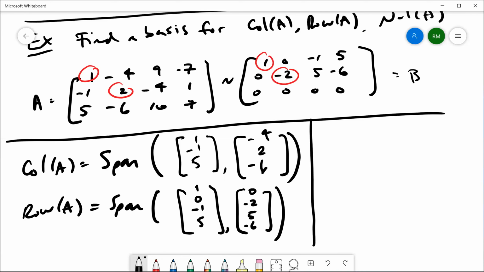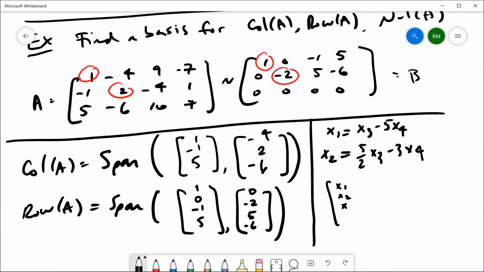So we know that x1 is going to equal x3 minus 5x4. And let's see, if I do a little algebra, x2 should equal 5 halves x3 minus 3x4. Okay, so if I have my vector of solutions, it should look something like this.